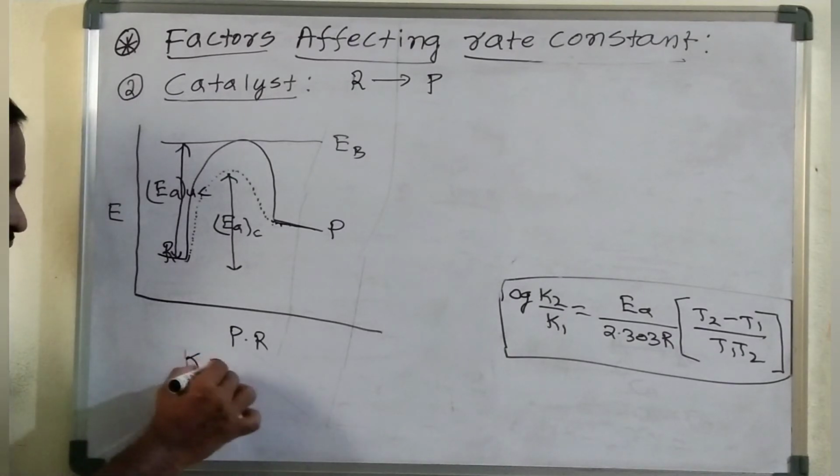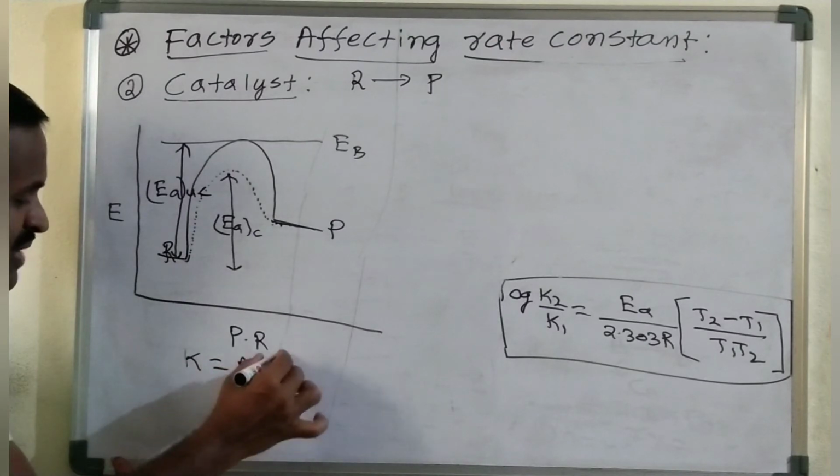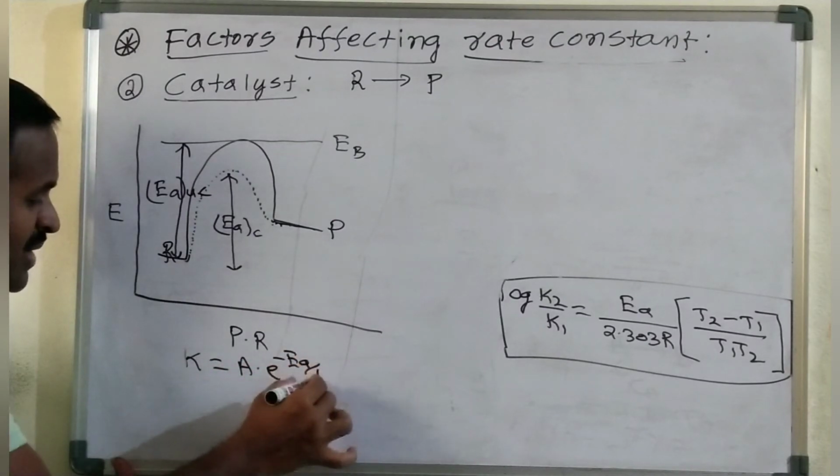Now for this particular one, we can write down the Arrhenius equation: K equals A into e power minus EA by RT. This is the common one.